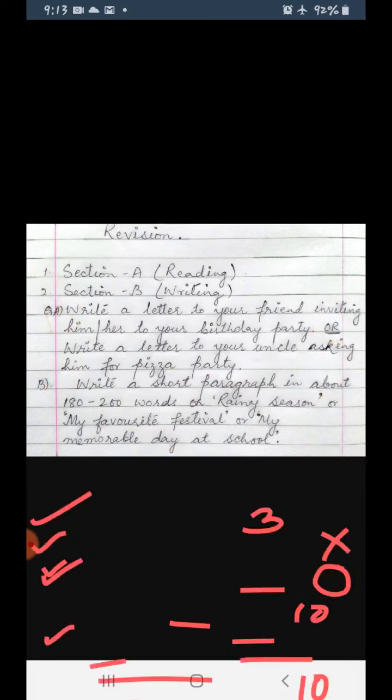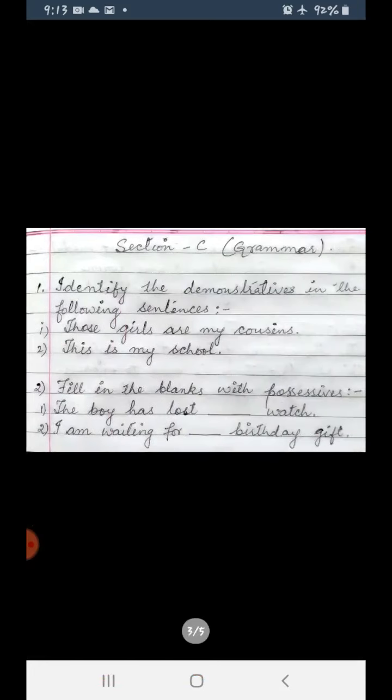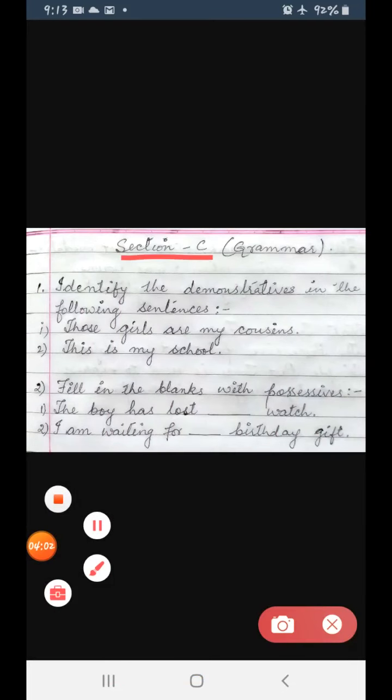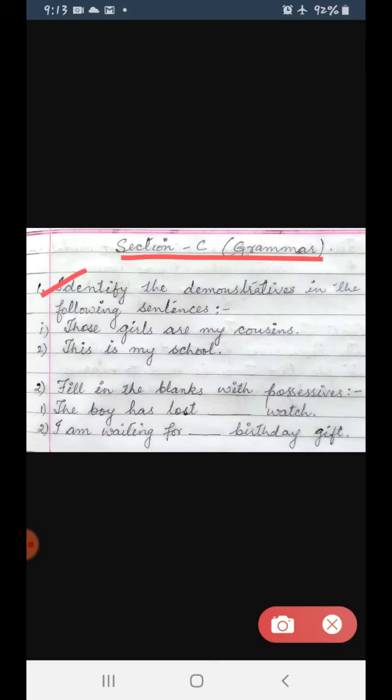Now let us come to the grammar portion. So here it is section C, grammar. This is just a sample paper, and it does not mean that I am going to give exactly the same. Here I am giving you identify. In the paper I may give you fill in the blanks, or pick out. I can give anything.